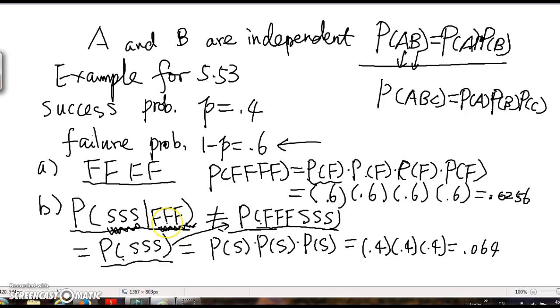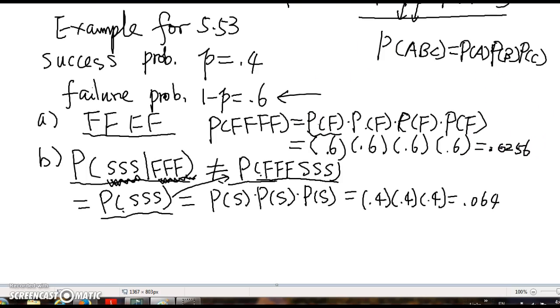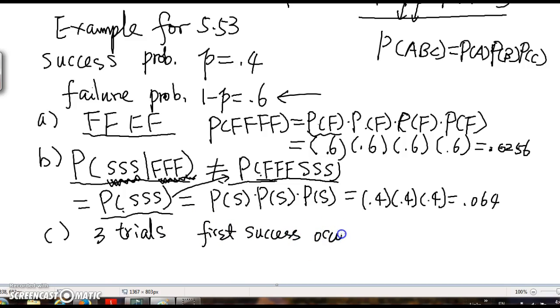So if I move the page down a little bit, let's do part C. We do 3 trials, and the first success occurs on the third.